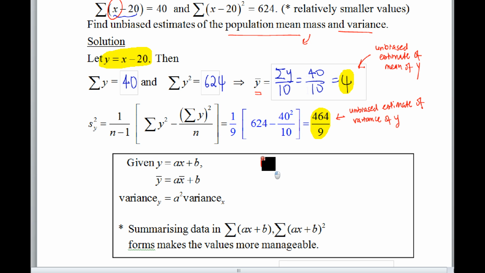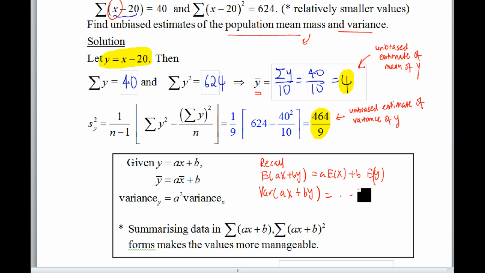Actually, you recall the expected value of ax plus b, and the variance of ax plus b. Follow what I'm saying?